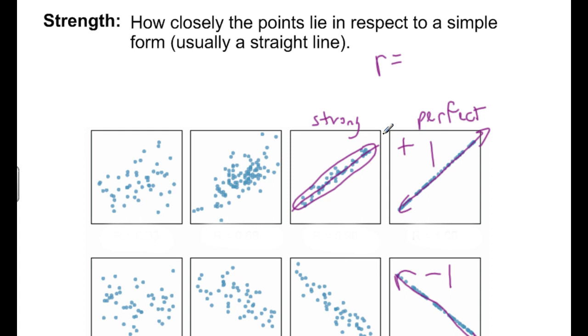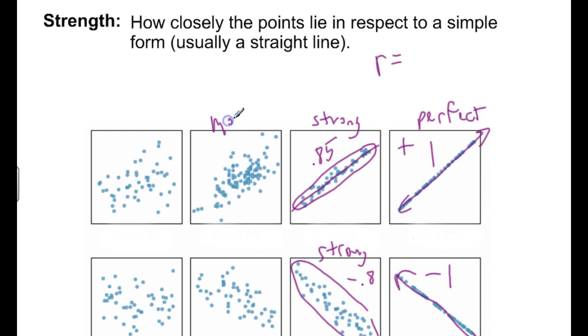It's close to the line. And here it's also strong. It's maybe not quite as strong, but it's not bad. So this might be like negative 0.8 or something. This might be 0.85. I'm just taking a guess here. But those look pretty strong. Anytime it's close to 1 or negative 1, it's getting pretty strong.